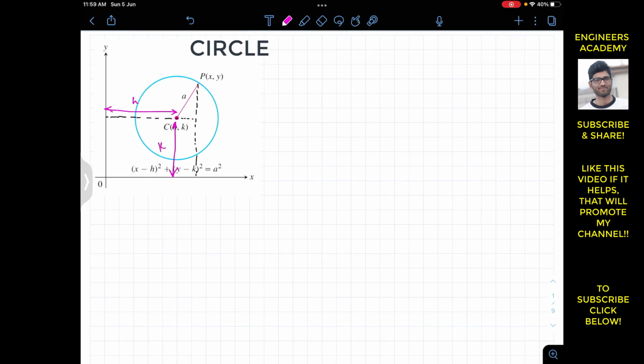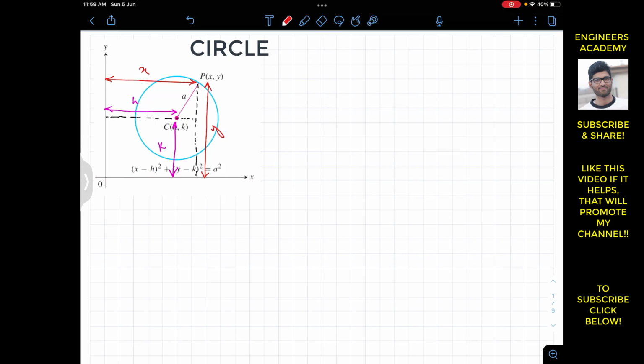Similarly, if this is some arbitrary point P(x, y), then this distance is x, and this distance is y.